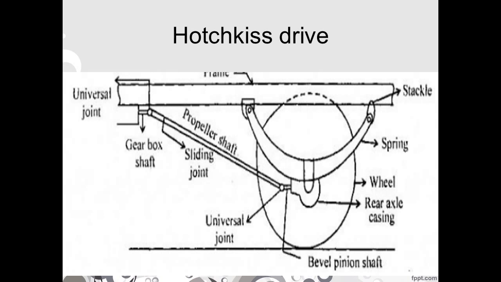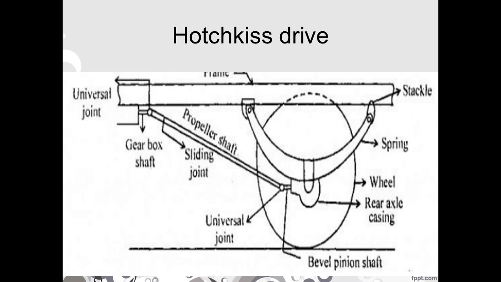Again, the rear axle moves up and down in a circle with the front spring support at the frame center, called O2. But the propeller shaft moves in a circle with O1 as the center, that is, the center of the front universal joint.